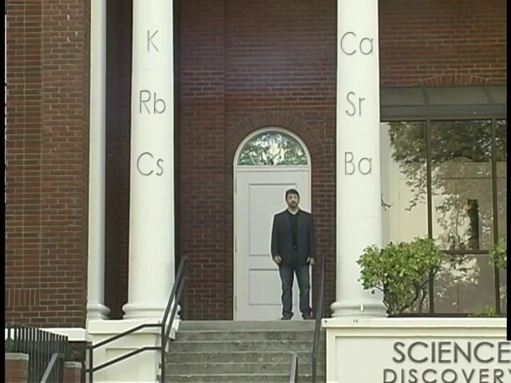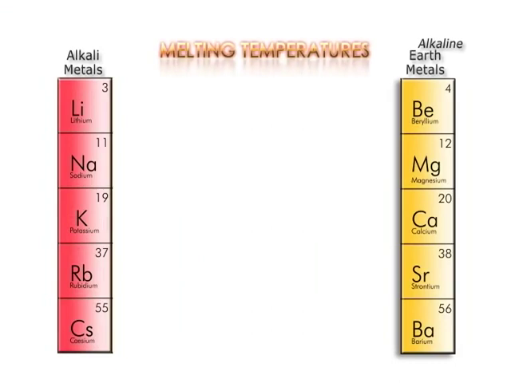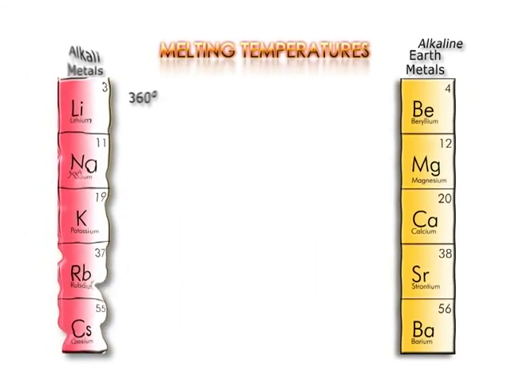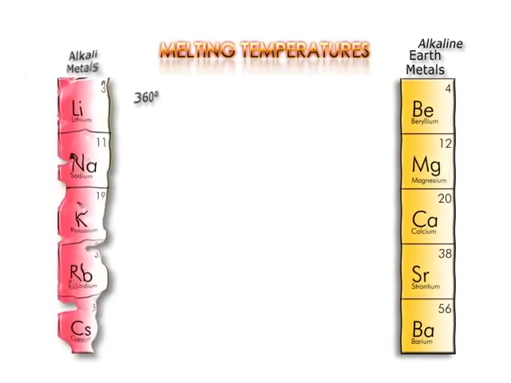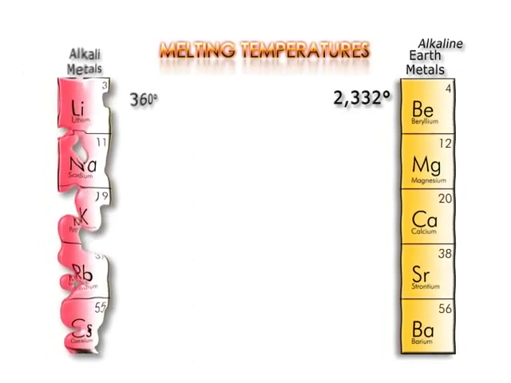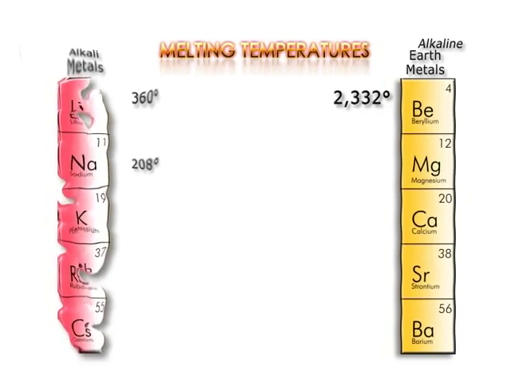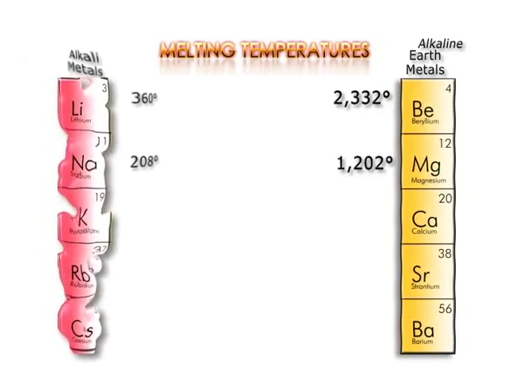Just look at the difference in the melting point between these two families. Lithium starts melting at 360 degrees Fahrenheit, but beryllium melts almost 2,000 degrees hotter at 2,332 degrees Fahrenheit. Sodium's melting point is only 208 degrees Fahrenheit, but magnesium, 1,202.